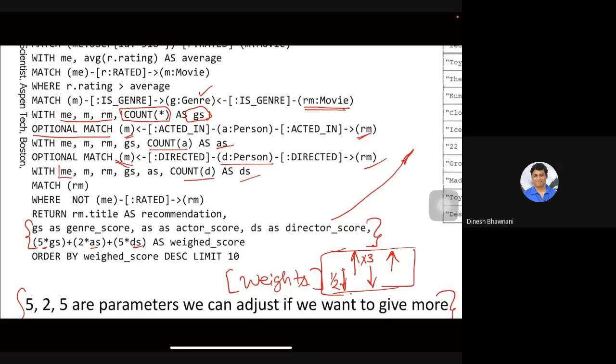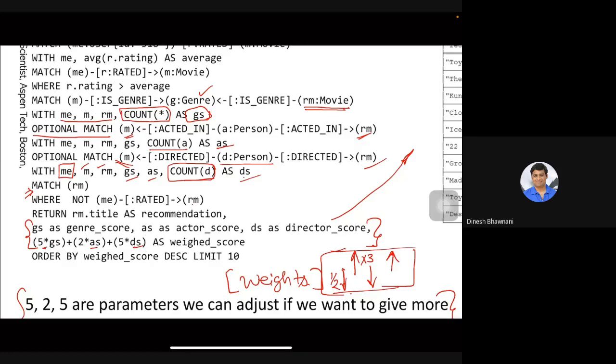So with your traversal starting point, look for the movies data set, recommended set, the genres which have been counted, then the actors that have been counted, and lastly, see here we are putting this GS, then we are doing the AS, and we are bringing AS also, and ultimately we are counting the DS, counting the number of directors, and then we are bringing them into DS, and then we are calling match where not me rated RM.